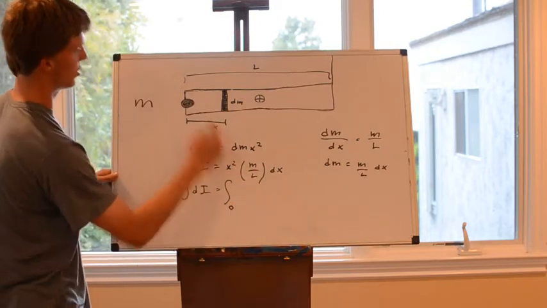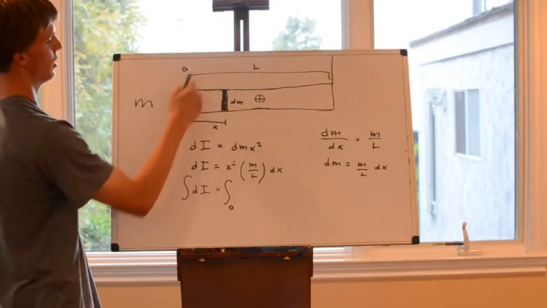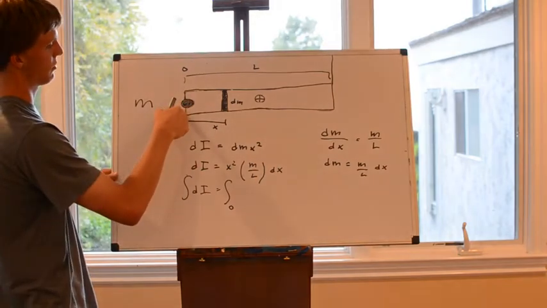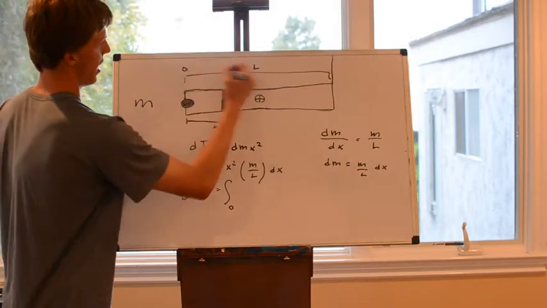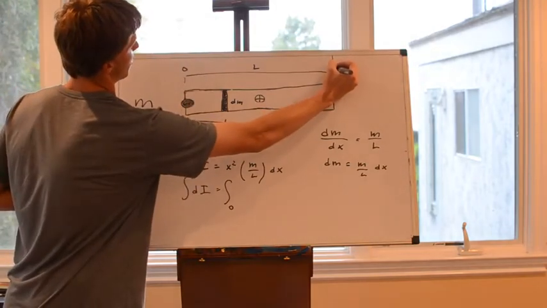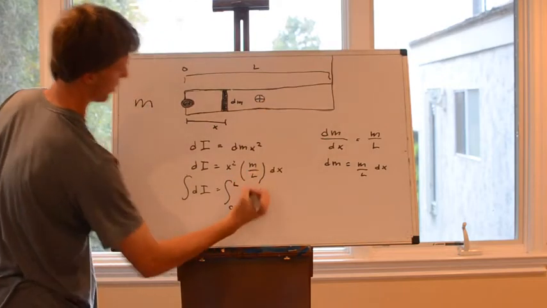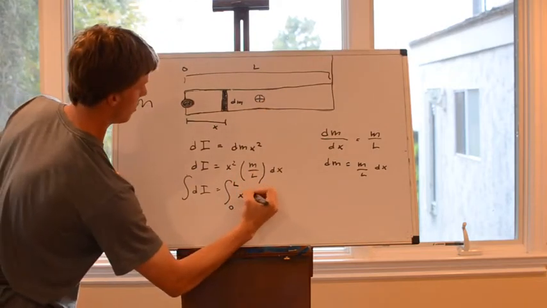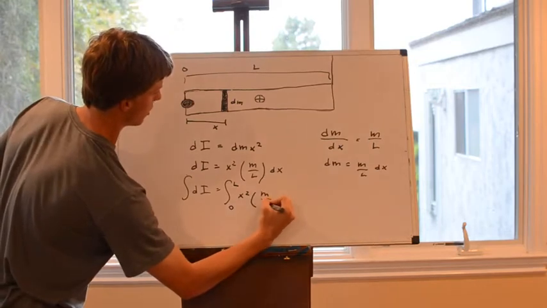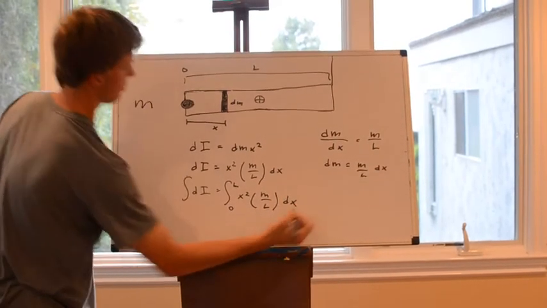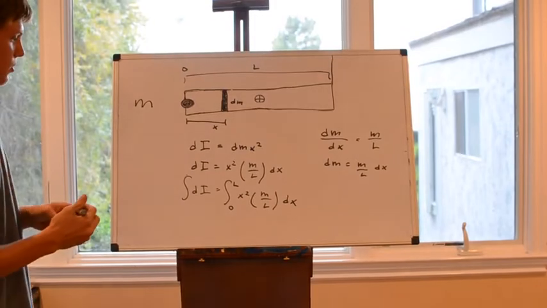This is going to be from 0, starting at this point, which is a distance 0 away from the point of rotation, and the upper limit of integration is L. So we're going to put length up here, and we plug in all of our other information. And now we're ready to integrate this equation.